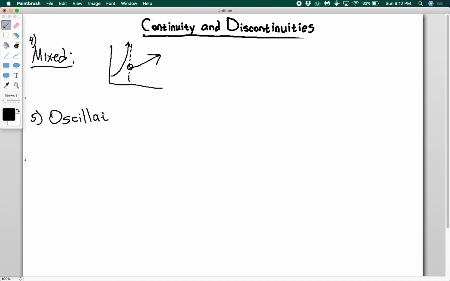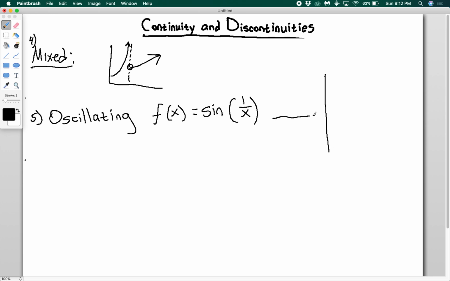So the best example of an oscillating discontinuity is if you were to graph the function f of x equals the sine of 1 over x. Now, I highly recommend you try graphing this on Desmos, your graphing calculator, or another kind of graphing software. But essentially what happens is, sine is stuck between 1 and -1.